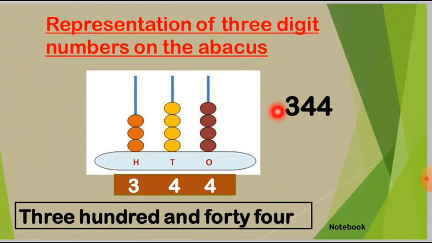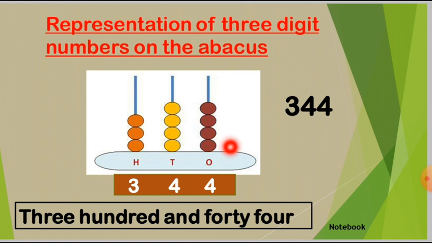Now representation of 3-digit numbers on the abacus. Here a 3-digit number is represented on this abacus, and here shown is a 3-spike abacus.